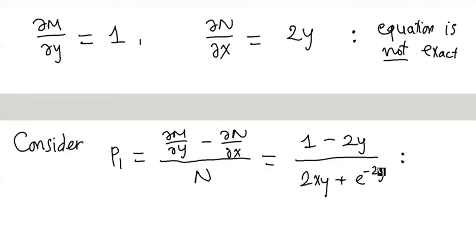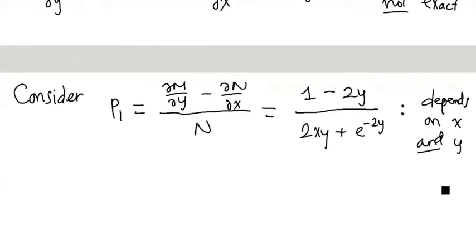There's nothing to factor here. So it depends on x and y as well. So we won't be able to use this. For case 2, it should not have y. For this, it has y, so we won't be able to use it.